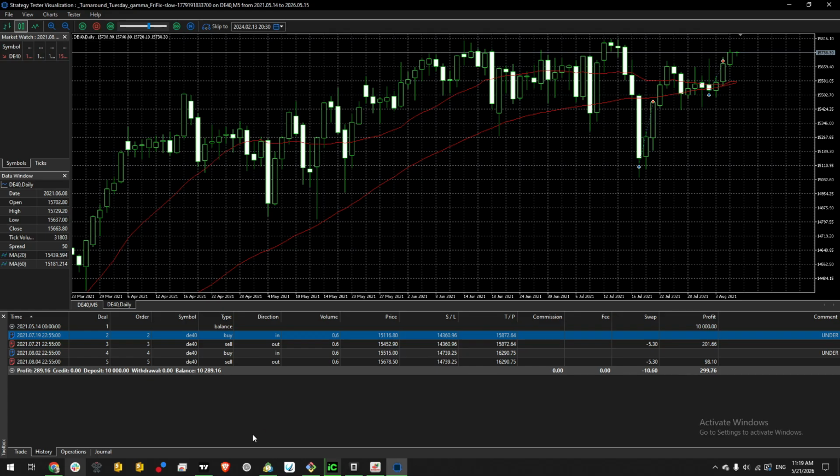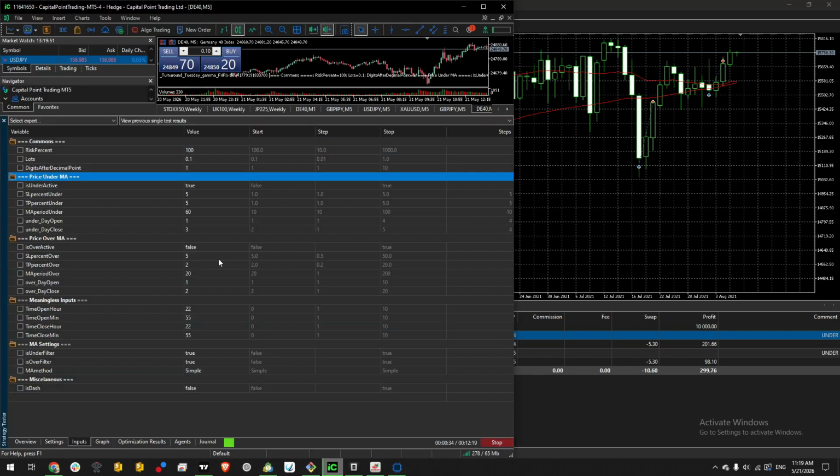I don't even honestly remember the exact rules of the strategy, but a year or two ago I developed my interpretation of it, and I just decided to test if we can trade not only Tuesdays, but maybe Mondays, Wednesdays, etc. So we're waiting for the price to go under a specific moving average in day 1, 2, 3, 4, or 5, which means Monday to Friday, and the position will be closed on Tuesday, Wednesday, Thursday, or Friday, days 2, 3, 4, or 5 of the week. Yeah, this is basically it.